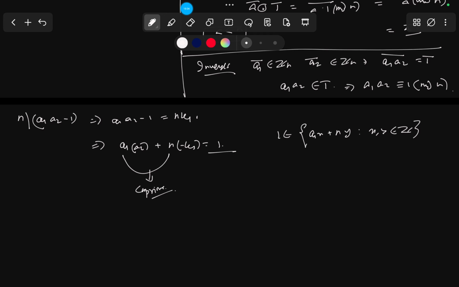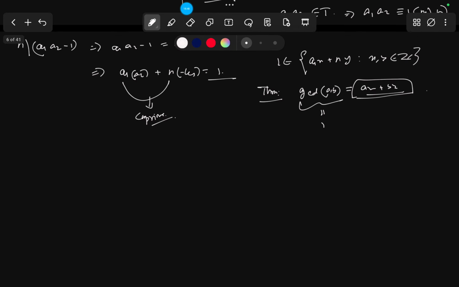We know there is a theorem that says that if the GCD of a and b is ax plus by, then if a and b are co-prime, you can write 1 as ax plus by. If a and b are two integers and their linear combination is 1 with integer coefficients, then both elements have to be co-prime.